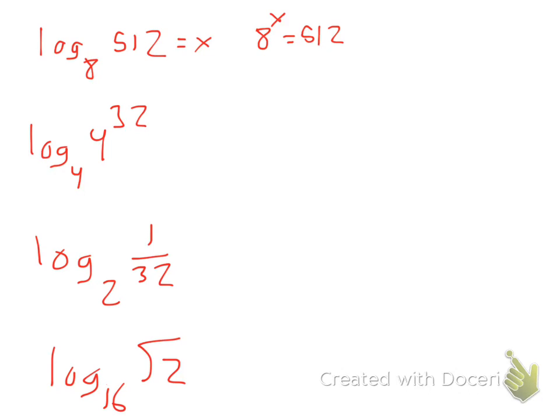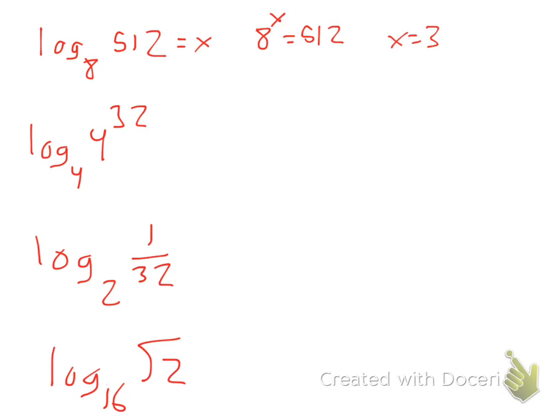That's not it. 8 to the third power is 512. So therefore, x is equal to 3. Now, when I say x is equal to 3, remember that x was actually log base 8 of 512. So I wouldn't write x equals 3 technically. I would understand that this whole entire thing is 3. Log base 8 of 512 is equal to 3.